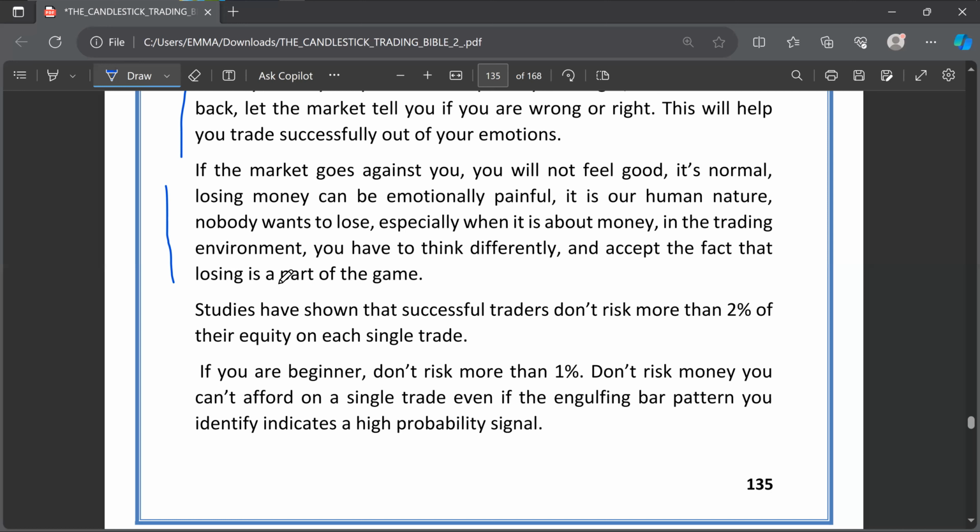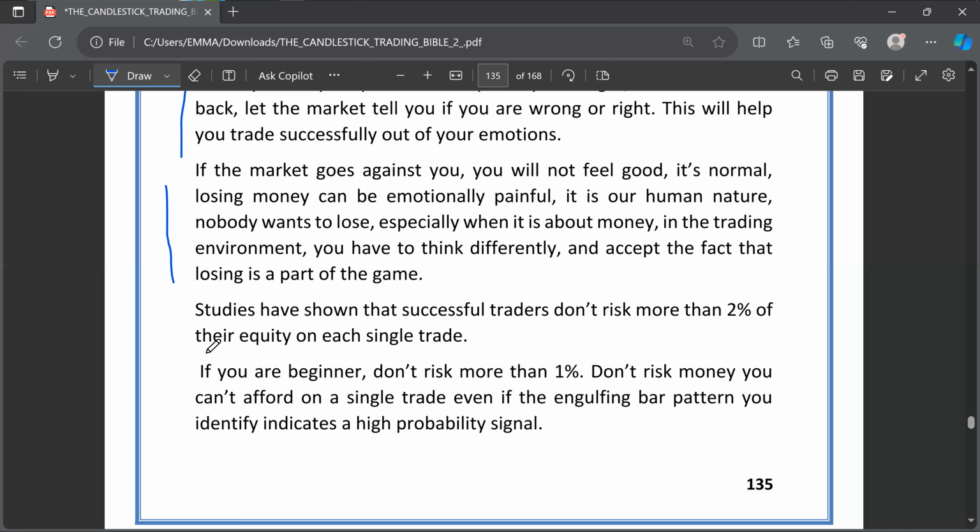But the point is, you have the power to manage this at the risk management level. Make sure you are okay with the amounts that you will lose in case the market doesn't move in your direction. Until you are able to do your risk management and proper calculation, I don't recommend that you enter into any trade. It's as simple as that.